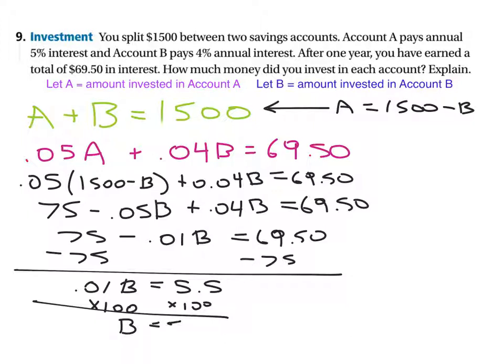So B equals 550. We've got a B value of 550.